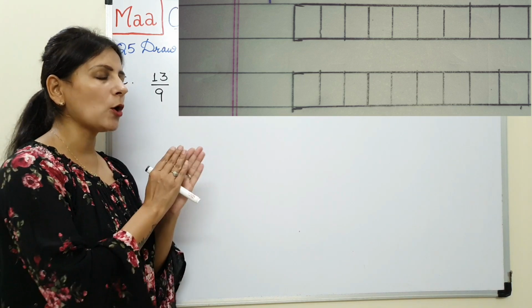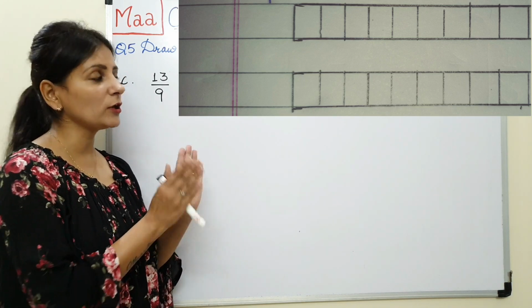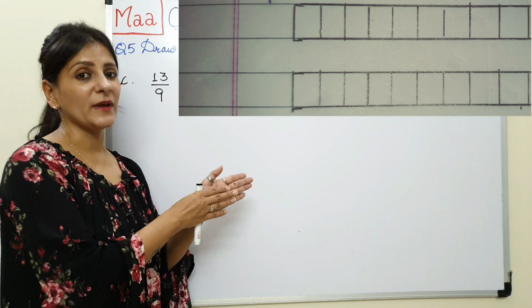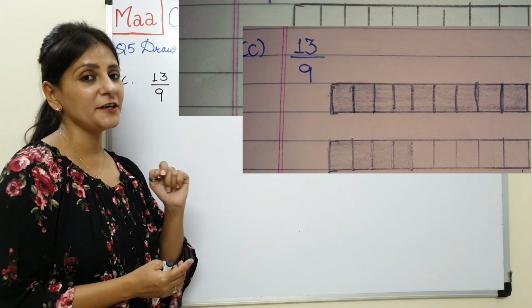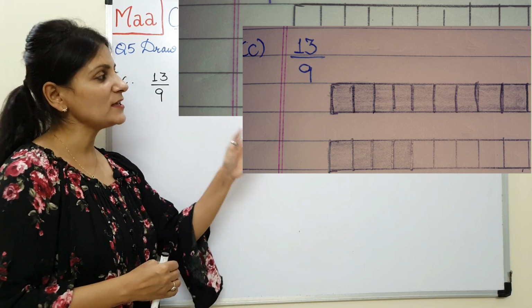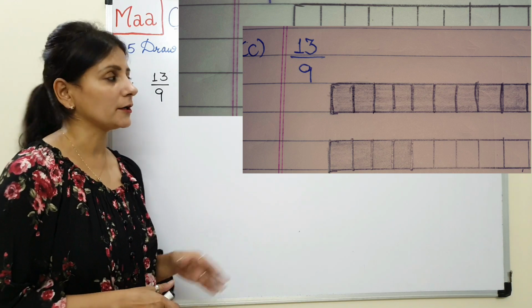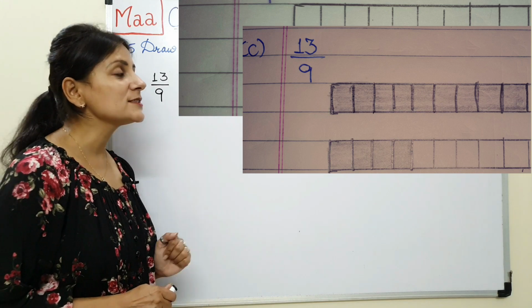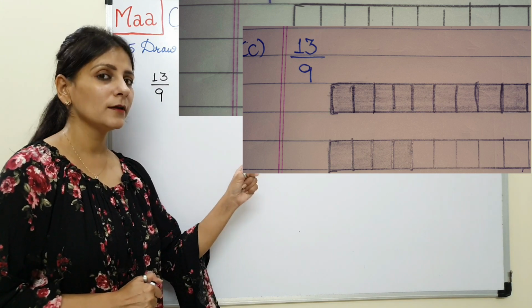तो फर्स्ट रेक्टेंगल में ऑल 9 पार्ट्स को मैं शेड कर दूंगी और सेकेंड रेक्टेंगल में 13 में से 9 पार्ट्स में मैं शेड फर्स्ट रेक्टेंगल में करूंगी, तो बाकी का जो 4 पार्ट्स हैं वो मैं सेकेंड रेक्टेंगल के अंदर शेड कर दूंगी. सो आफ्टर शेडिंग you can see that your figure will look like this.